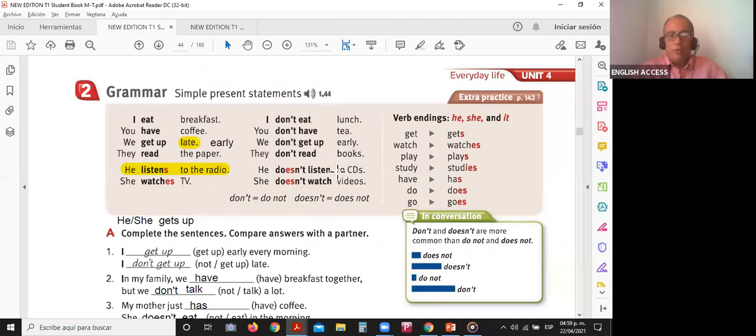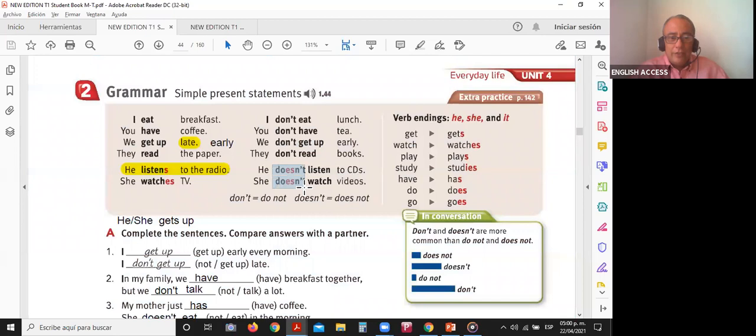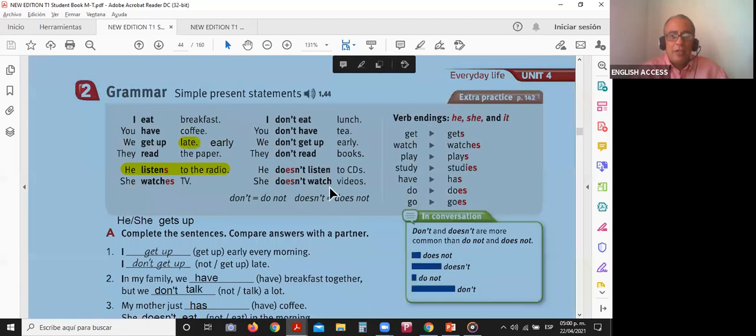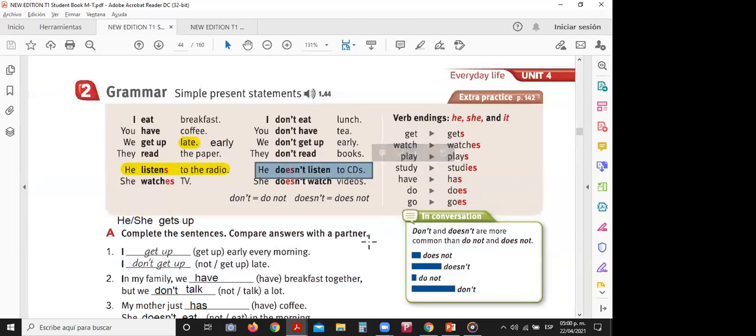They don't read books. But remember, for he and she, we use doesn't. Doesn't is the negative for he and she. You see the difference? Please, Carolina, repeat this sentence. He doesn't listen to the radio.